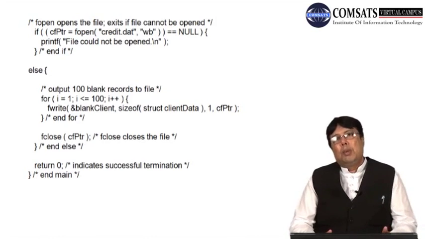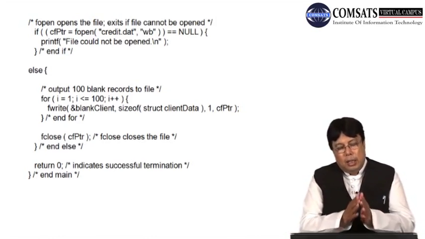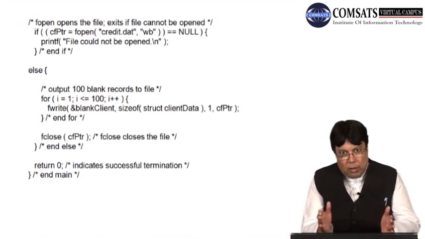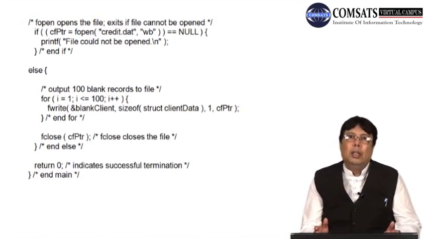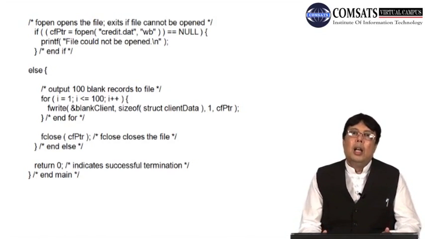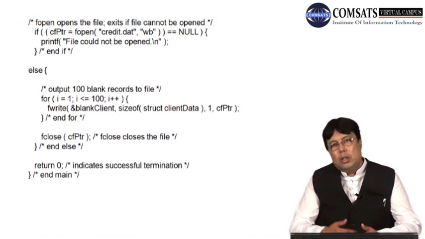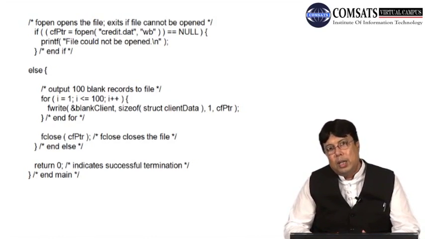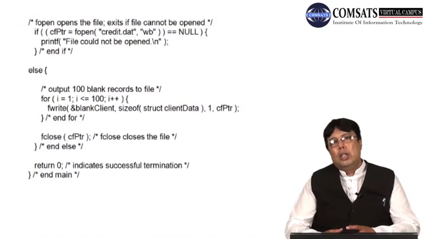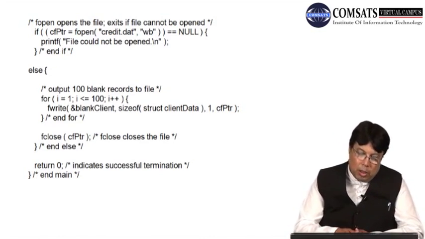The beauty of this particular way of creating the file is that the total size of the file is available. Each and every record structure has been defined, and the combinations of the record structure have also been defined. And then you can just access any record, and then you can access within that particular record.